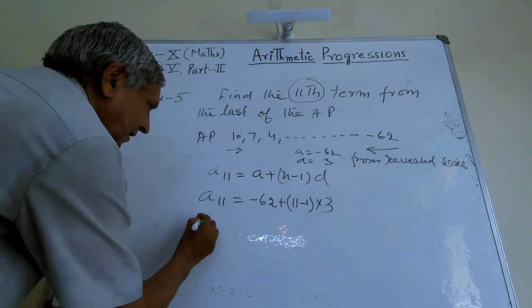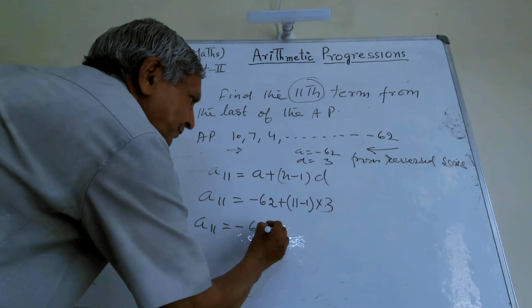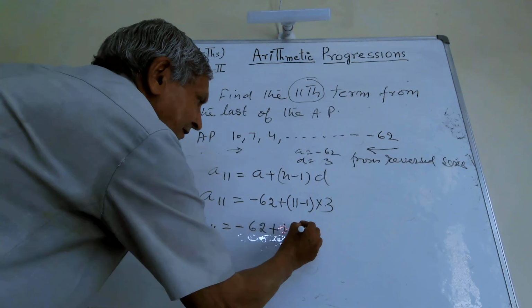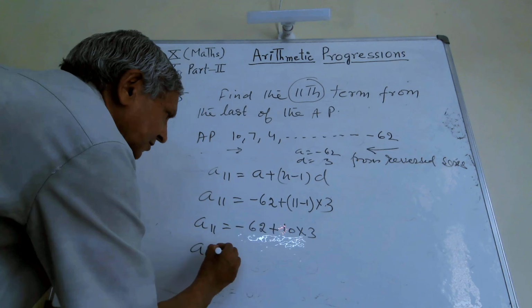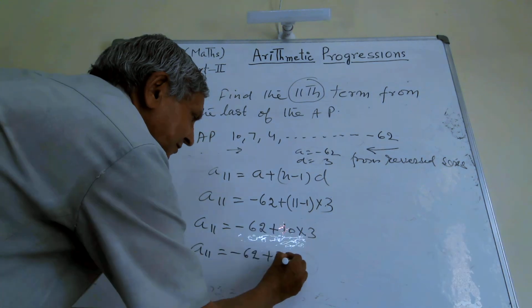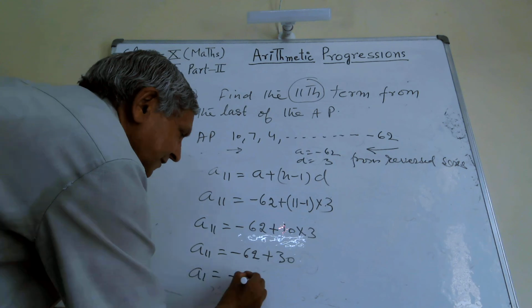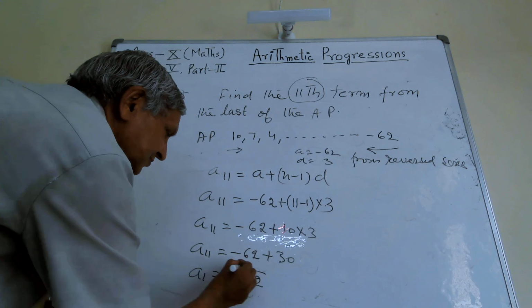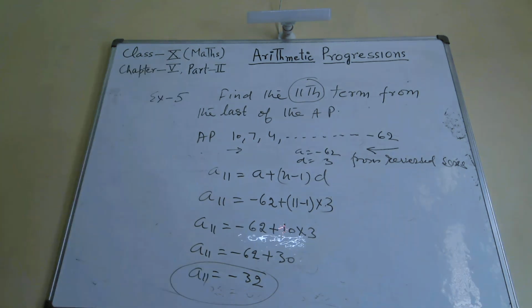Now A11 is equal to minus 62 plus 10 into 3. A11 is equal to minus 62 plus 30, and A11 is equal to minus 32. This is the 11th term of this series. What series?